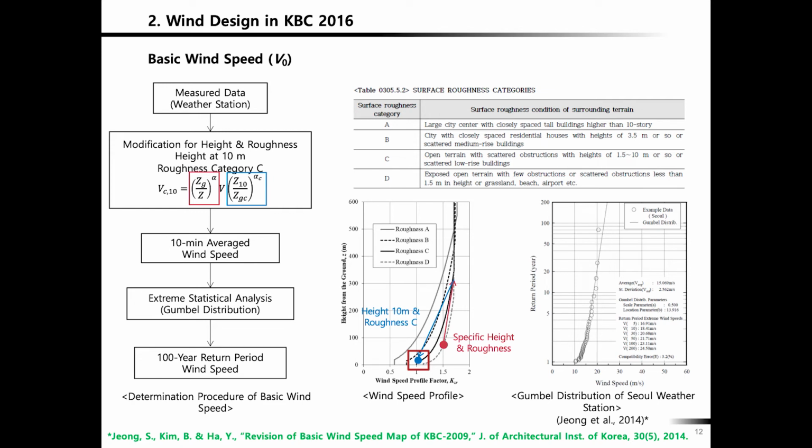But when we talk about average wind speed, it's based on roughness category C, at a height of 10 meters. Of course, measured data are from everywhere, but you normalize this so that every time we talk about mean wind speed for the duration of 10 minutes, it's based on roughness category C and a height of 10 meters.